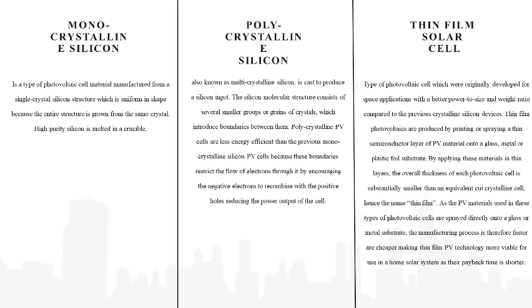The manufacturing process is therefore faster and cheaper, making thin film PV technology more viable for use in home solar systems, as the payback time is short.